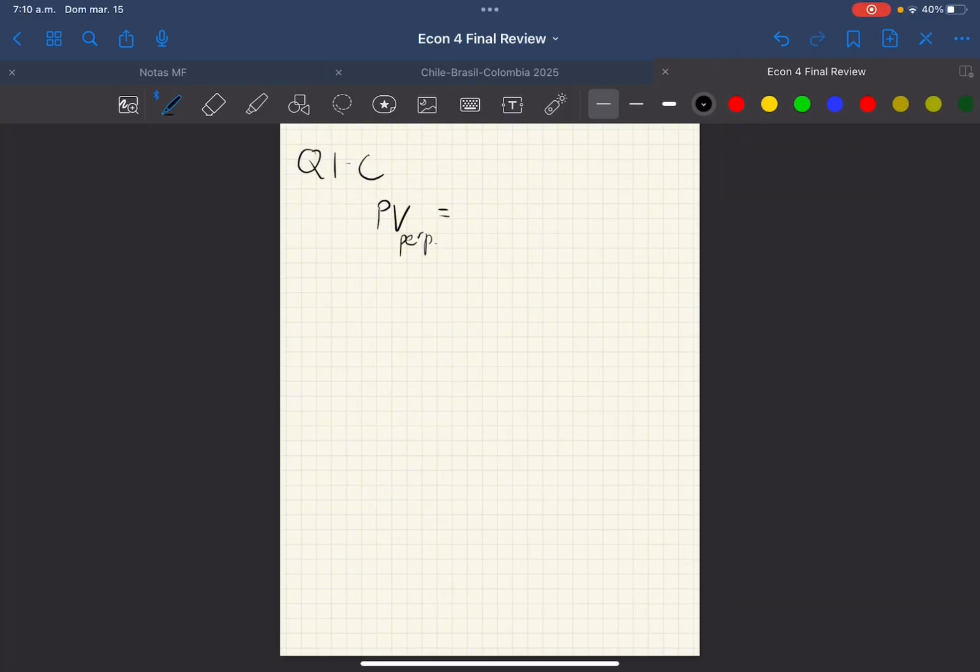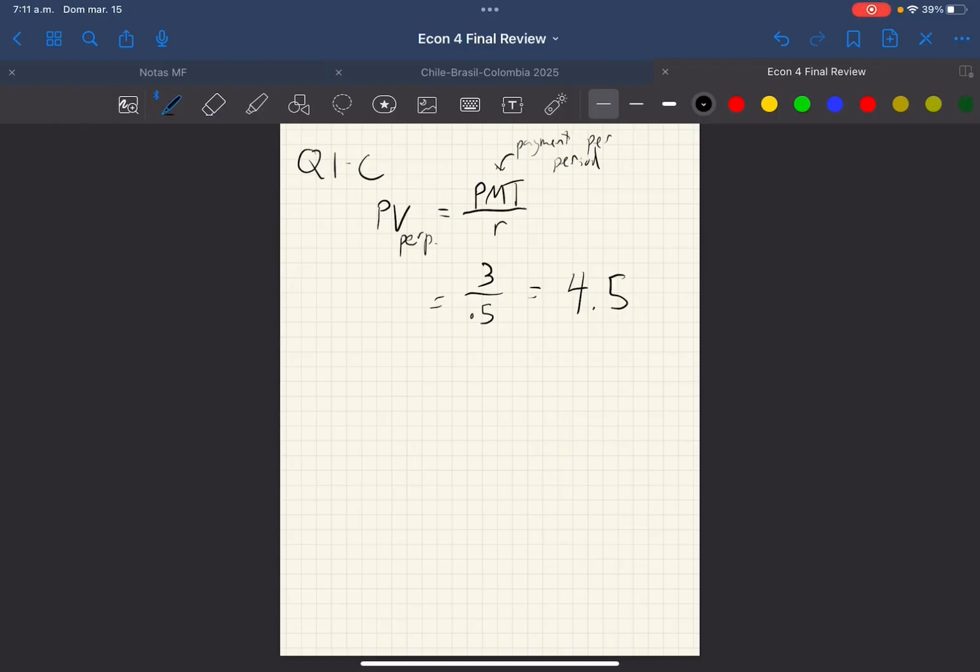When the payments are constant, you can write the perpetual value equal to this: the payment per period over the interest rate r. If we plug in our interest rate and our perpetual payments, the present value of this revenue stream is equal to 4.5.